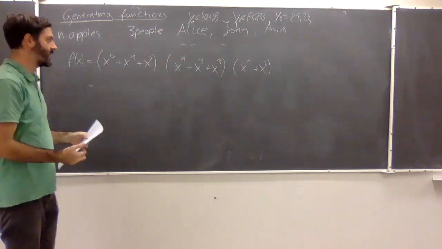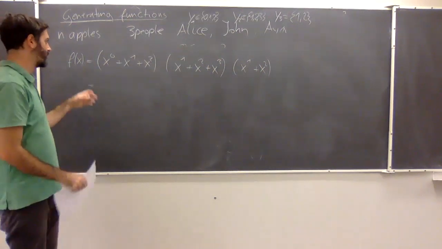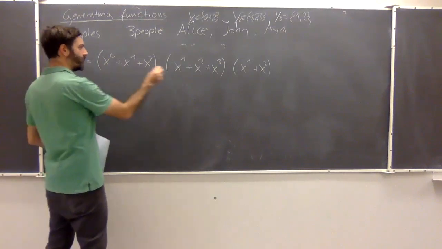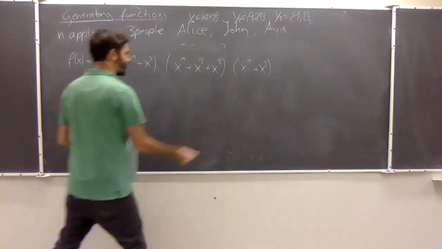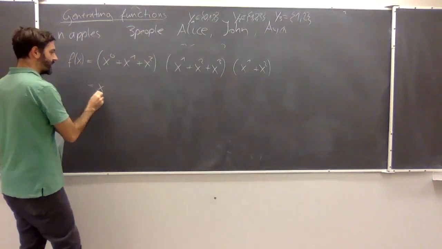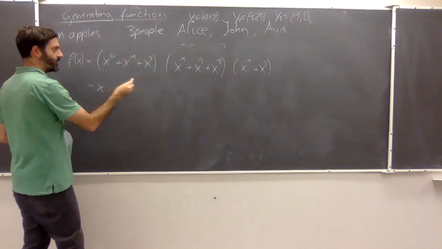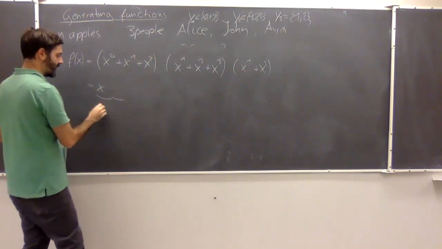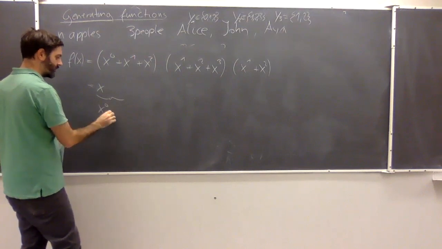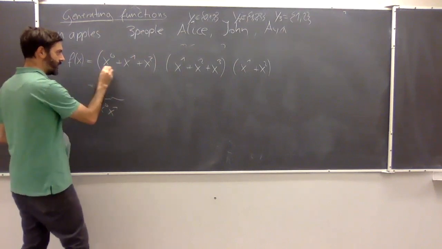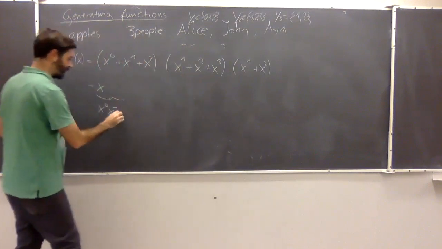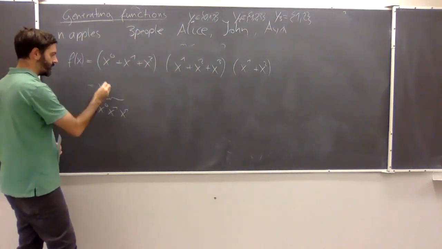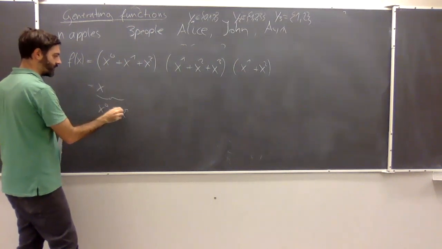I have to multiply everything with everything. So for example, I could multiply the first element of this with the first element of that and the first element of this. Then I'm getting x to the power 0, x to the power 1, and x to the power 1. And that is x to the power, I have to add up the powers, so 0 plus 1 plus 1 is 2.